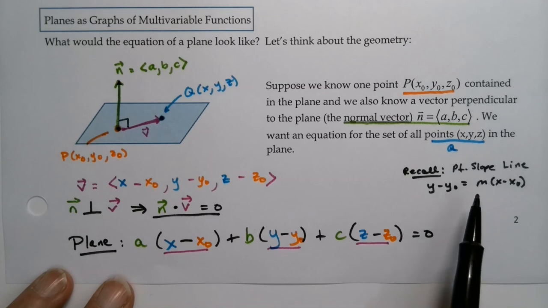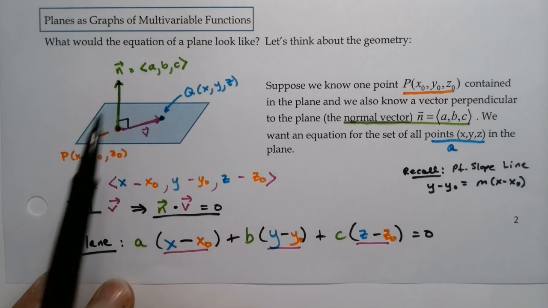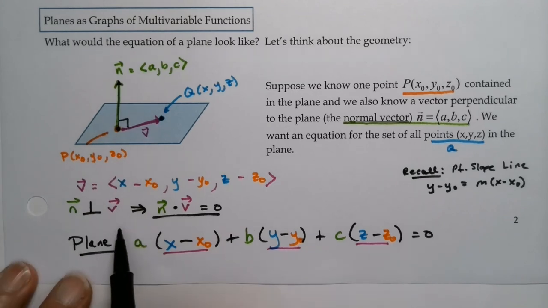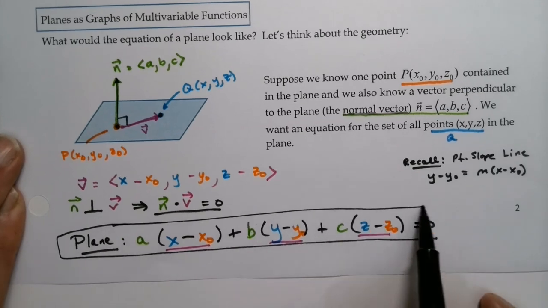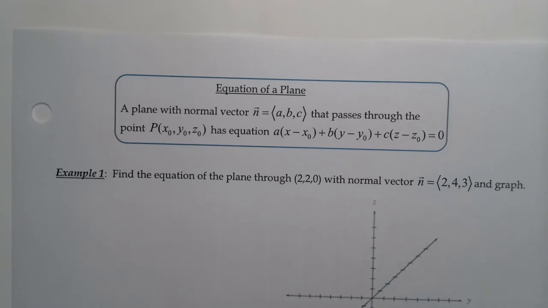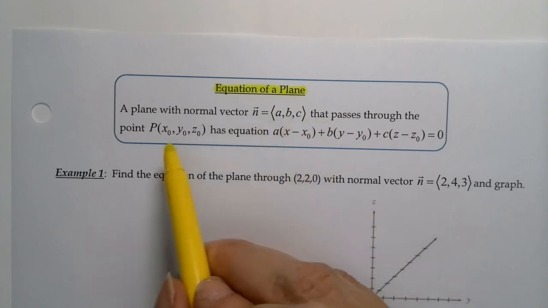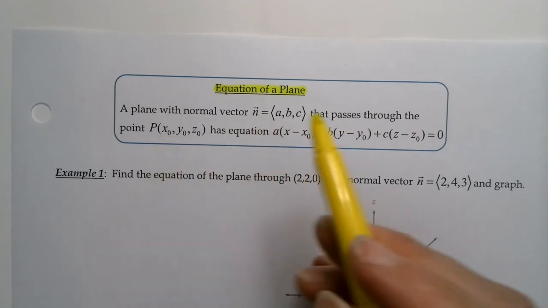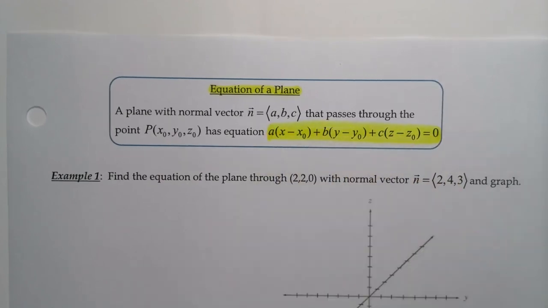That's where the a, b, and c come from, because they're from the normal vector. It's not exactly the same, but that is the standard form for the equation of a plane. And that's written for us on the top of the next page: the standard form of the equation of a plane with a normal vector n, which is a, b, c, that passes through the point P, which is x0, y0, z0, is the equation we just developed on the previous page.